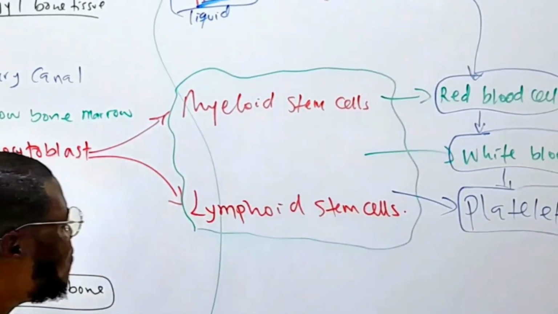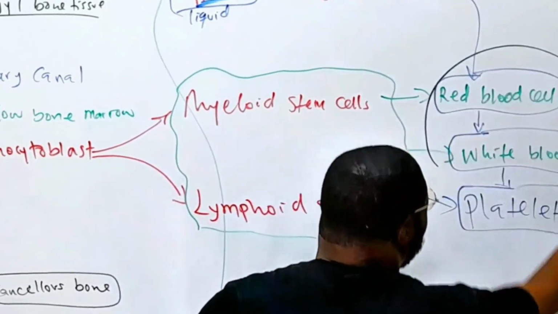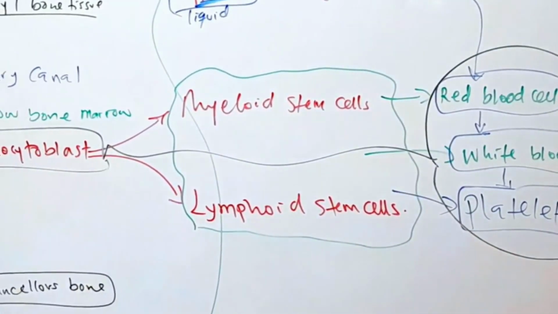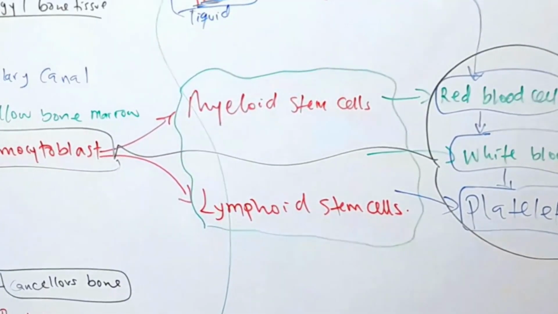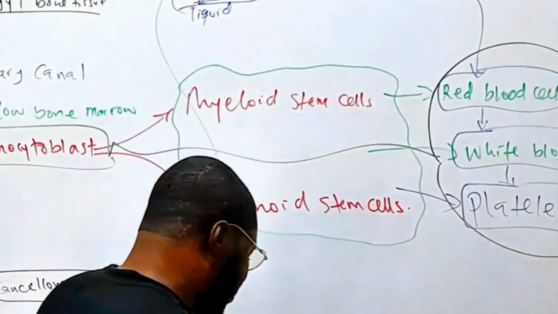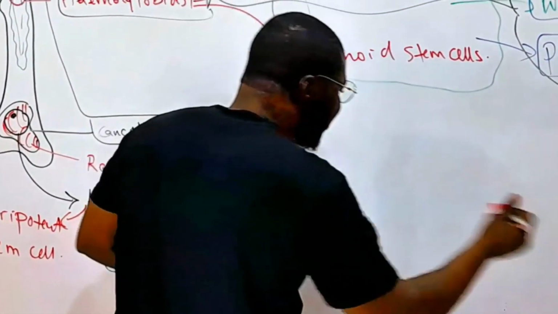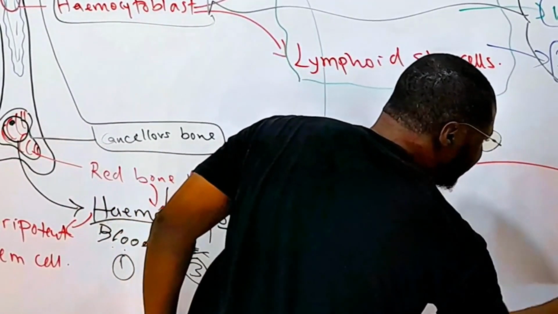Now, if all these blood cells are formed by this precursor called the hemocytoblast, the question is, what forms this liquid, this plasma then? Remember, in the body of a human, all this blood that we're talking about is running somewhere. And where it is running is actually called the blood vessels.